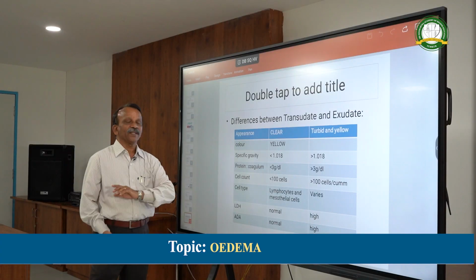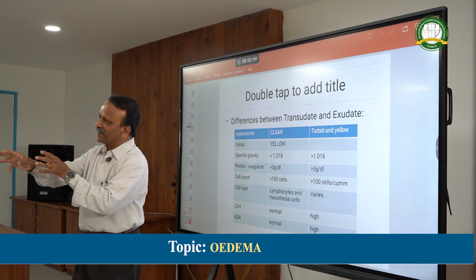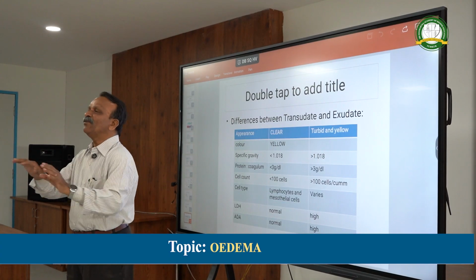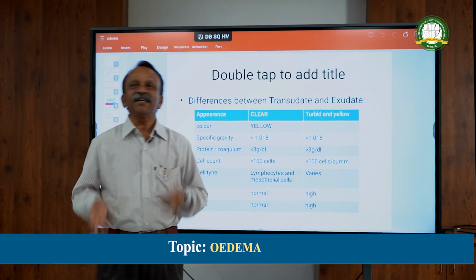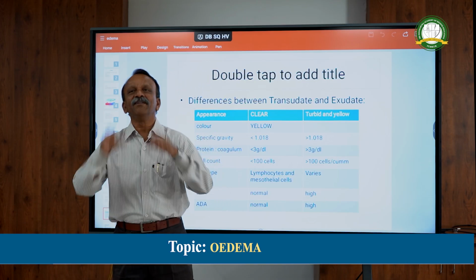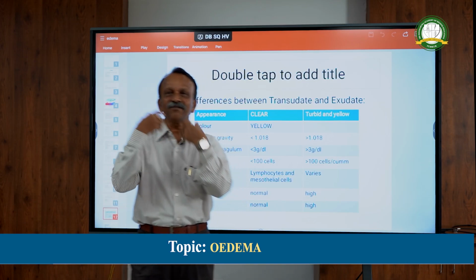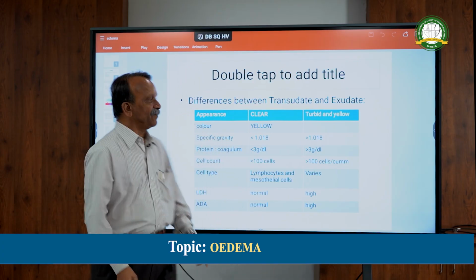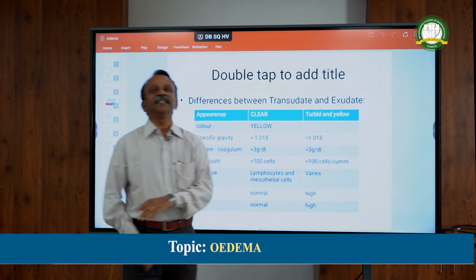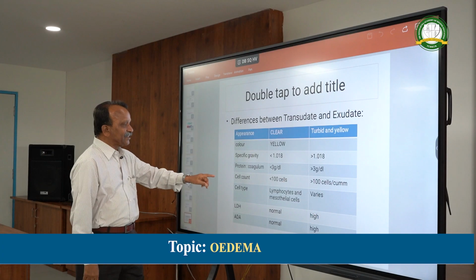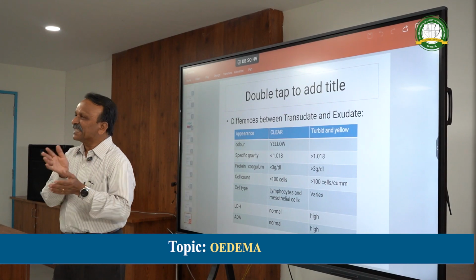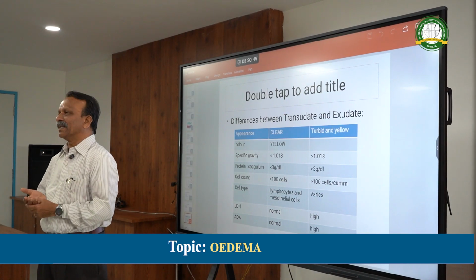And then the next one, if you allow the fluid to stand for a while, around 20 minutes, in case of transudate, we don't find any coagulum. Whereas in case of exudate, definitely we find a coagulum. That is because of an increase in the amount of fibrinogen. The next is number of cells. Usually in case of transudate, it is less than 100 cells per cubic millimeter.